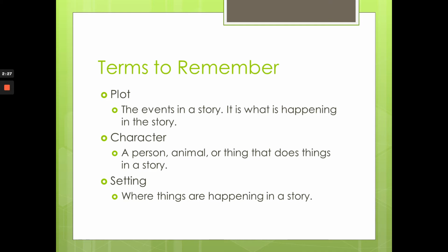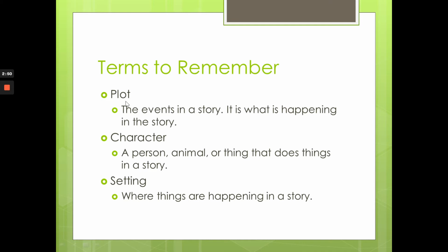And we can understand and remember that the setting may not always be in the same place. Sometimes things will happen in the story and the setting will change. We will see what that looks like as we read our story.